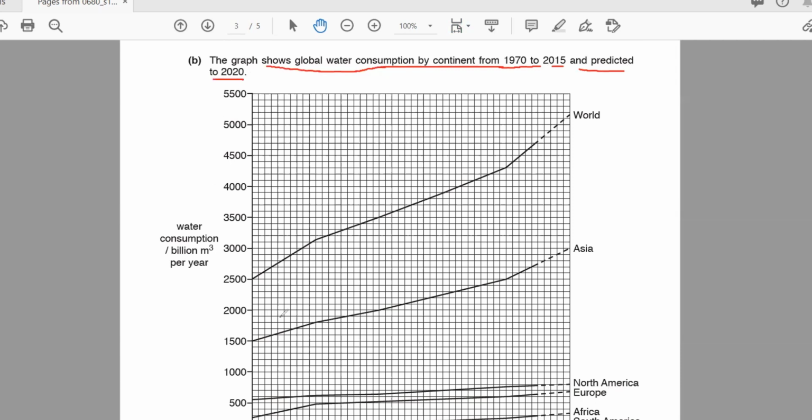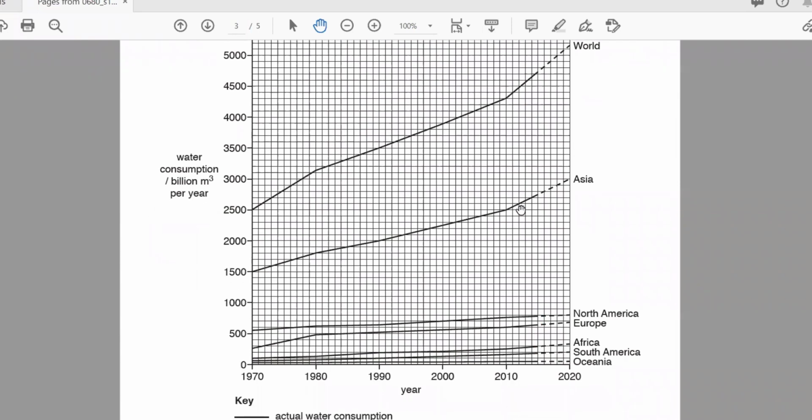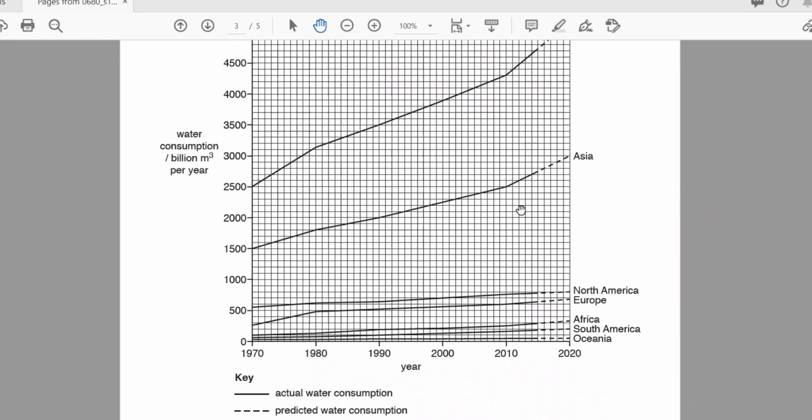So here they have mentioned, for example, this is the consumption of water, and how much, this one is billion cubic meters per year, like a volume. So this is 2015, and this is 2020. Okay. So by keeping this in your mind, what is the first question? Here they are telling you the key.